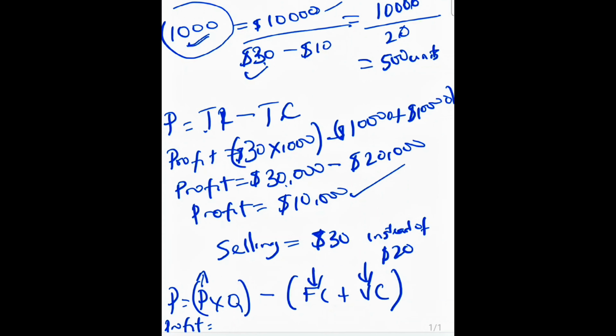So the main thing is being able to understand the break-even point. At what point is your total revenue equal to your total cost, or you're just selling and selling?